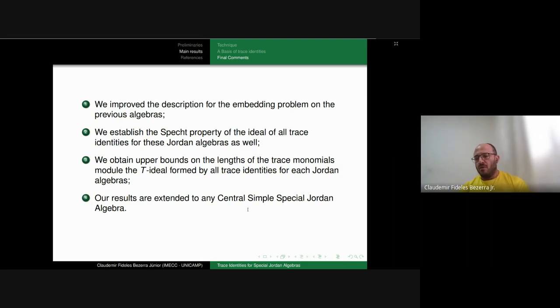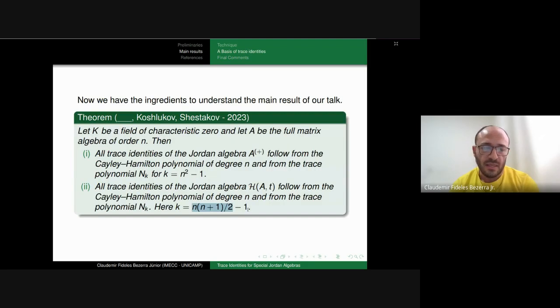In other work, in 2018, we studied a similar embedding problem for this Jordan algebra. But in this case, we considered only substitution by the Cayley-Hamilton polynomial and the Capelli polynomial nk.